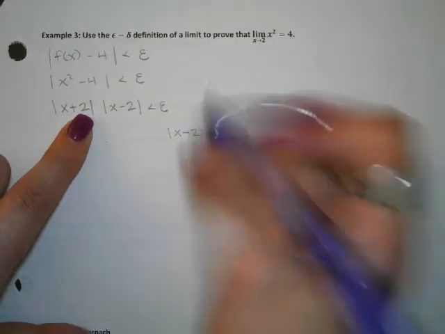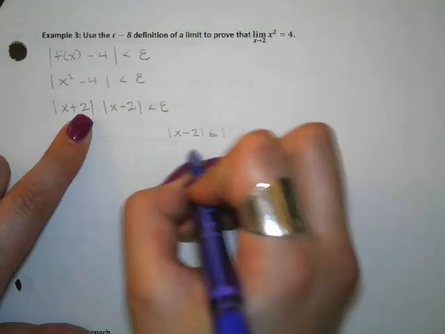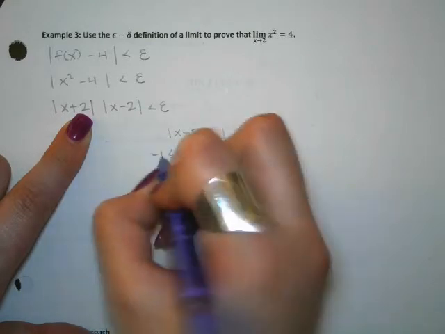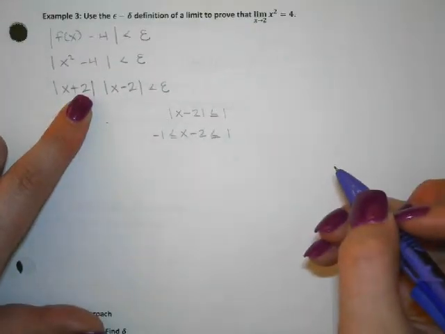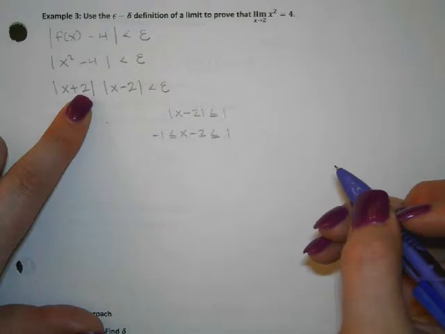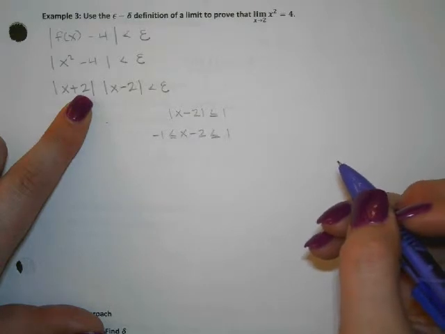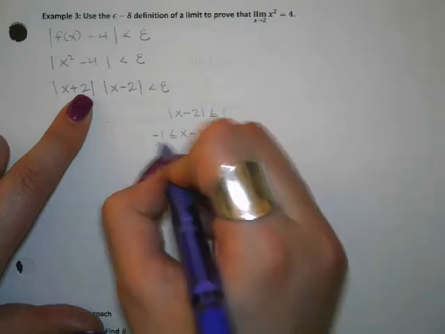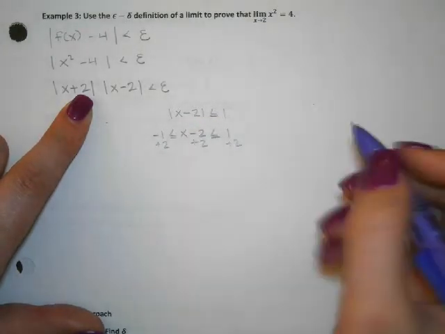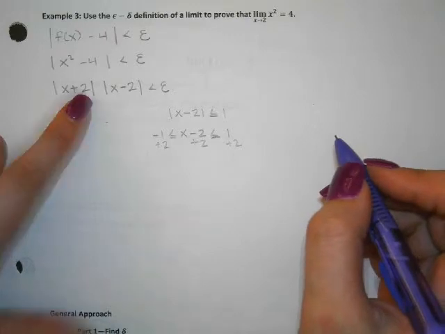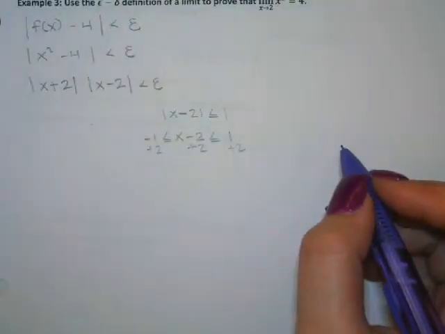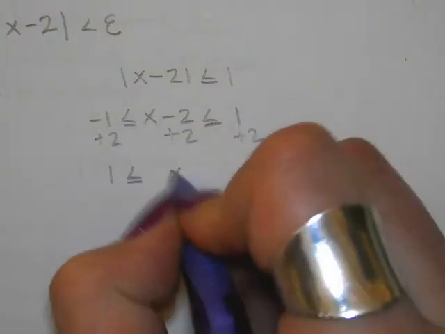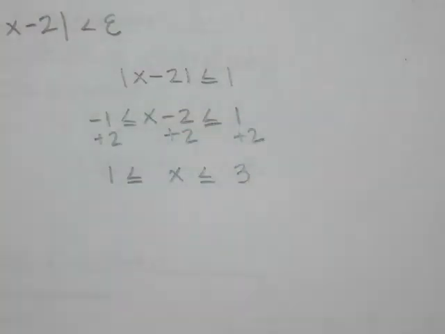So that means I have the inequality that x minus 2 is between negative 1 and positive 1. Does that make sense? Then I'm going to add 2 to each side, and by each side, I mean all 3 sides. Sorry, let me zoom in. Didn't mean to make you squinty. So now I have 1 is less than or equal to x is less than or equal to 3.